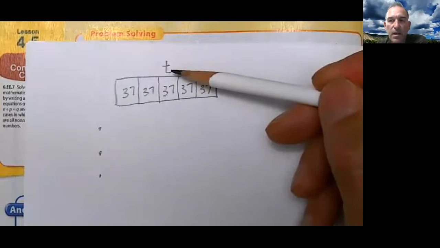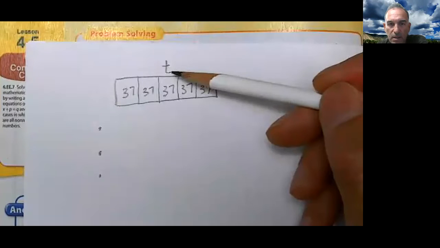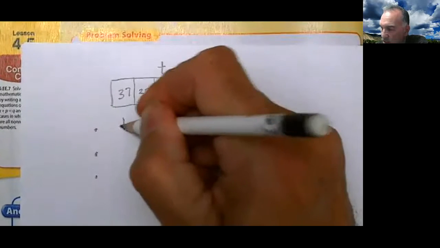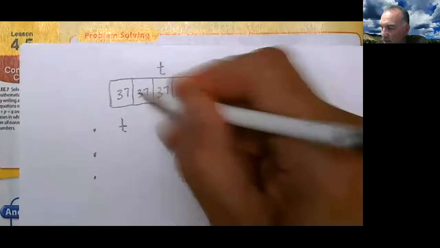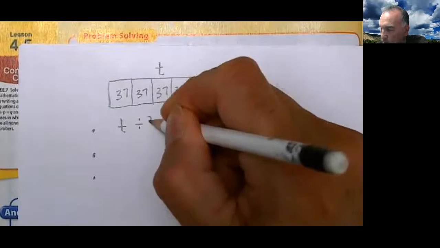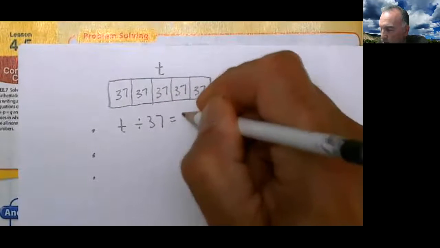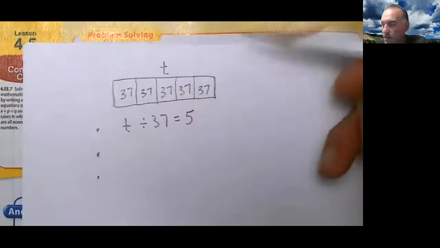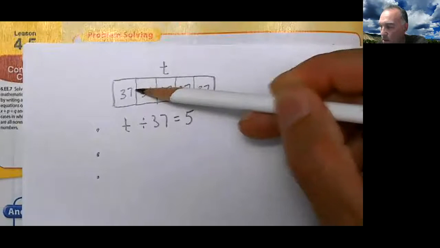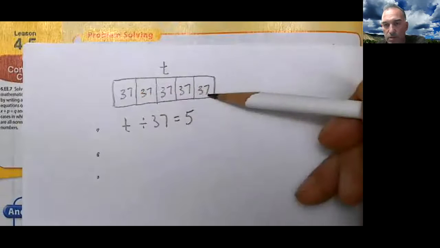an algebraic expression 3 different ways by looking at this. Notice, this time it's not add and subtract. This time I could do t divided by 37 equals 5. T divided by 1 part equals the other parts.